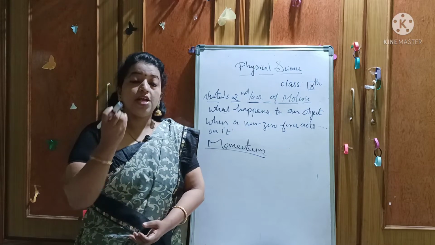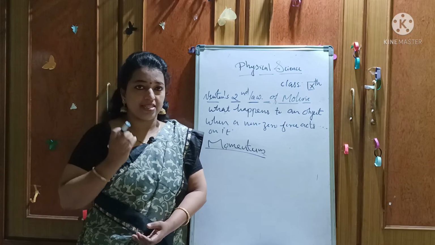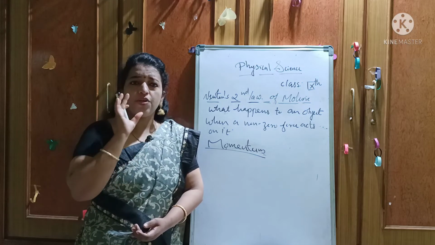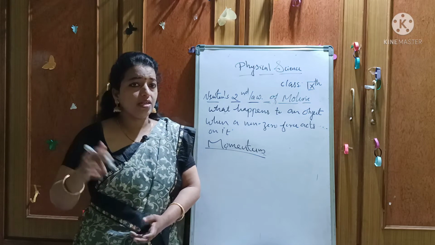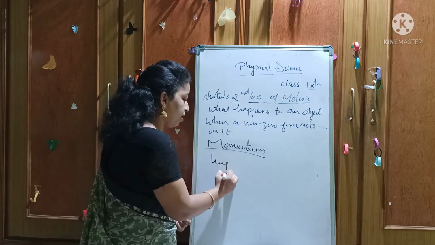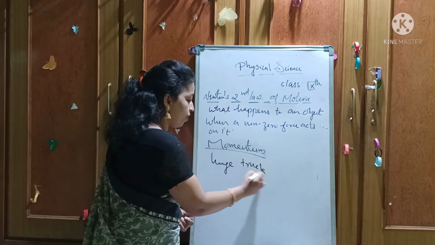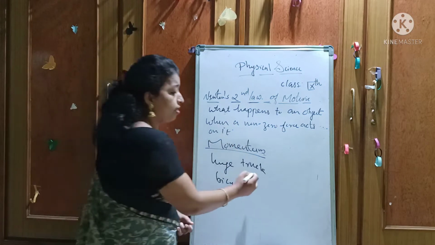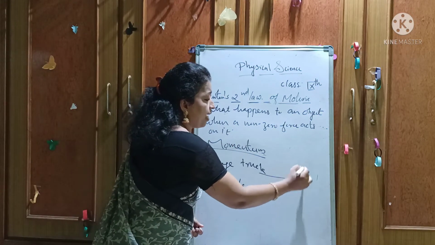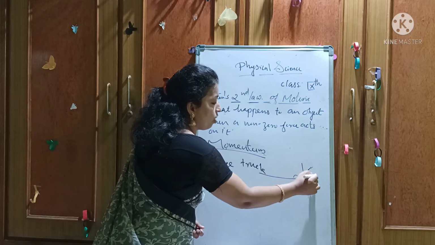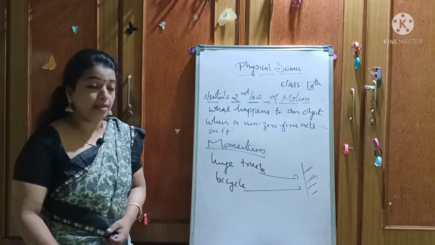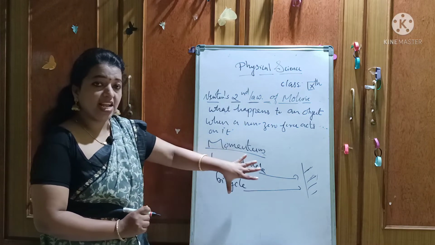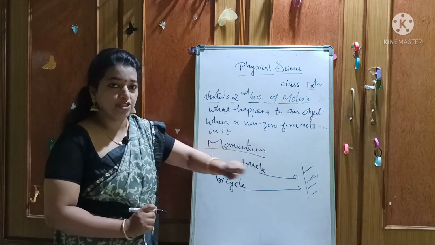To explain momentum, before that we will go through some examples, right? Suppose a huge truck and one bicycle. When I am telling the example, just imagine it. Both at a time hit a wall. Tell me which vehicle causes more damage?